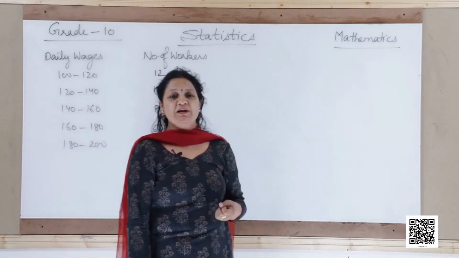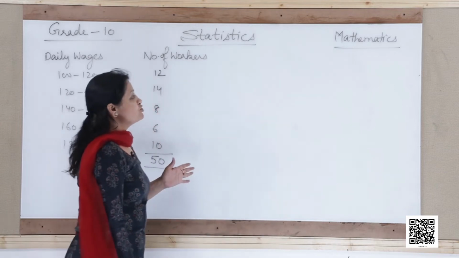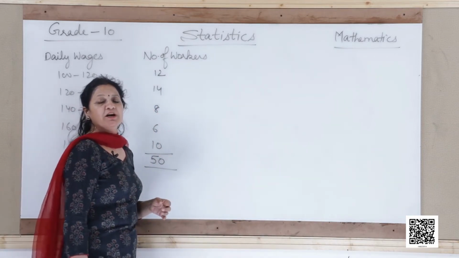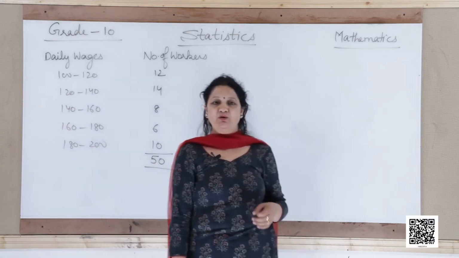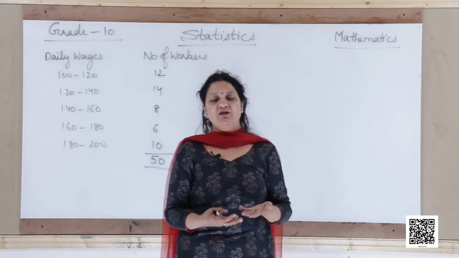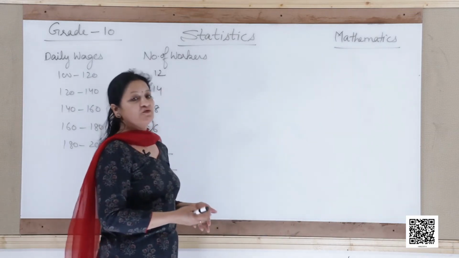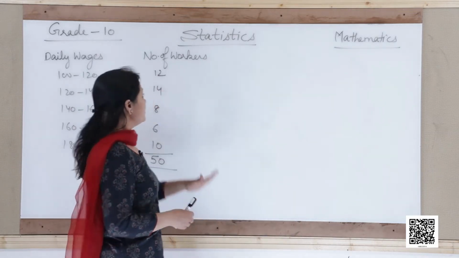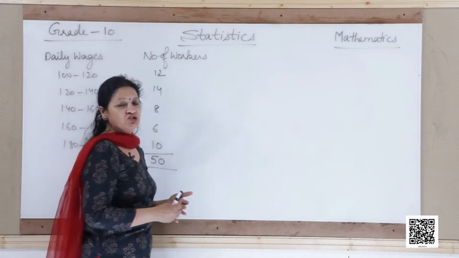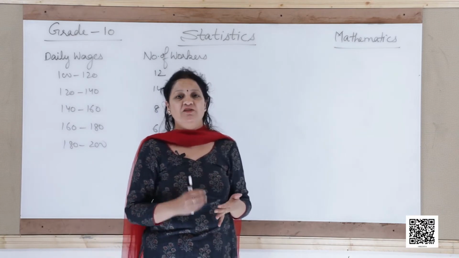Now, sometimes the values of xi and fi are larger, so it becomes very tedious to do the calculations. So we need to find a method so that our calculations will be easier. We can't do it with frequency, so what we can do is change xi to a smaller value.